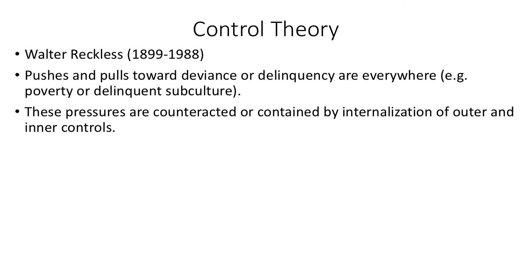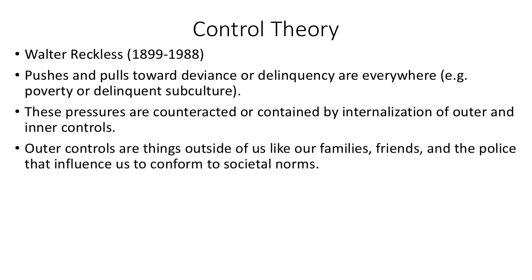So we're always pulled toward criminality, delinquency, or deviance, but that pull is counterbalanced or restrained by the extent to which we internalize the effect of these different controls. These controls, for example, might include the influence of our families, our friends, or even the police. All of these various agents of socialization influence us to conform to societal norms.